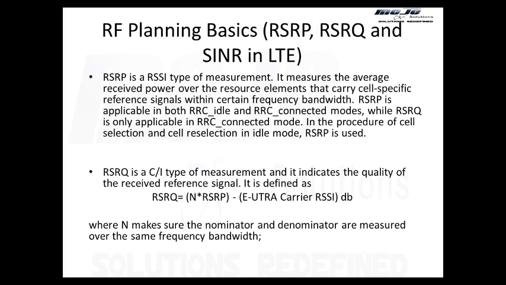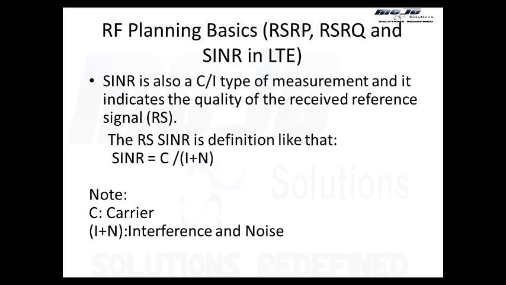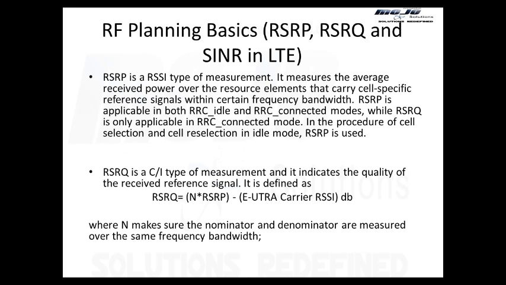So they started using SINR. What is SINR? SINR is similar to RSRQ, but it is a little different because it does not consider thermal noise, as you can see in the equation.